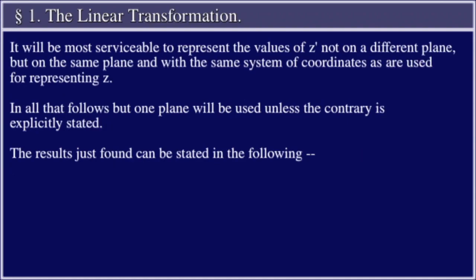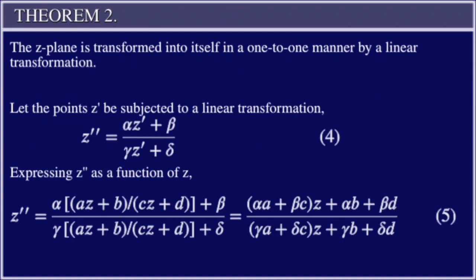It will be most serviceable to represent the value of z prime not on a different plane, but on the same plane and with the same system of coordinates as are used for representing z. In all that follows, but one plane will be used unless the contrary is explicitly stated. The results just found can be stated in the following. Theorem 2: the z-plane is transformed into itself in a one-to-one manner by a linear transformation.